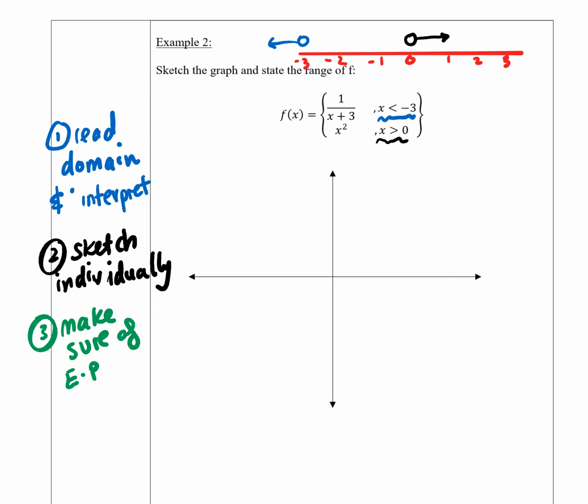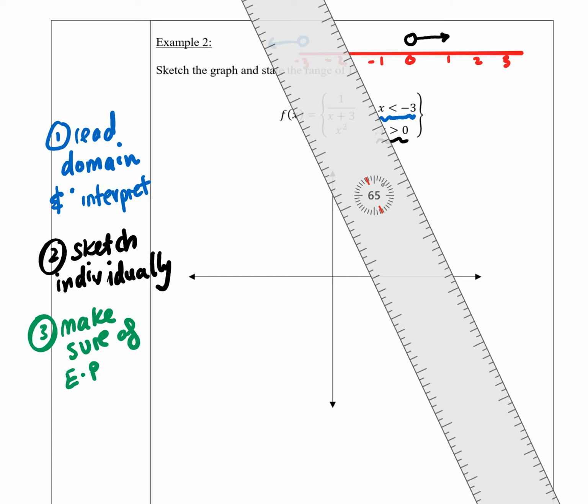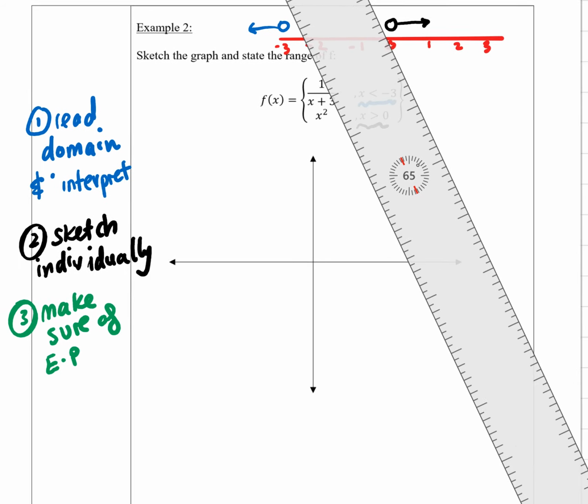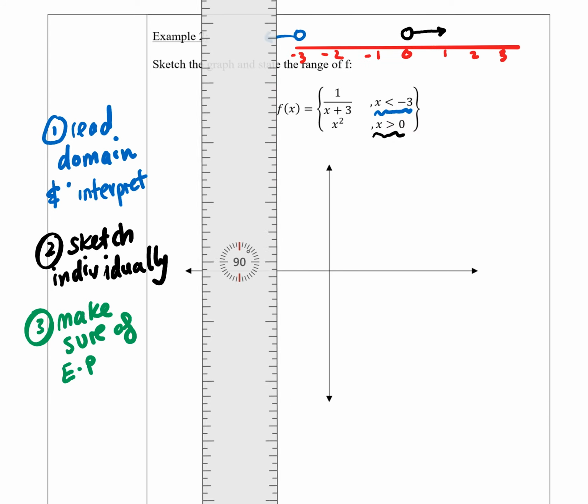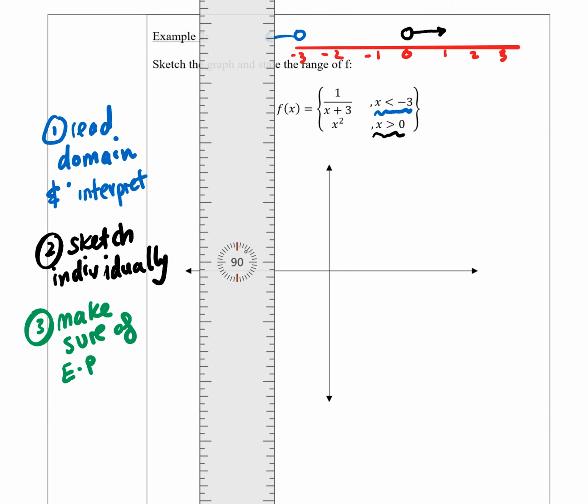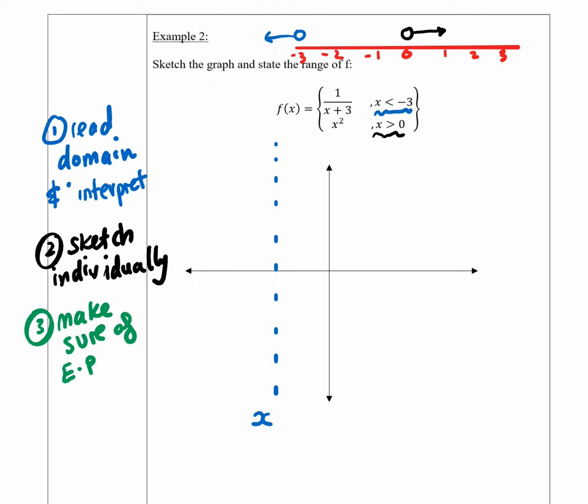So let's start with the first one. We've got 1 over x plus 3. So that means that there would always be an asymptote at x equals -3, because this is a hyperbola. We'll just fix that screen up. Apologies about that. So the plus 3 means we've got an asymptote at x equals -3.